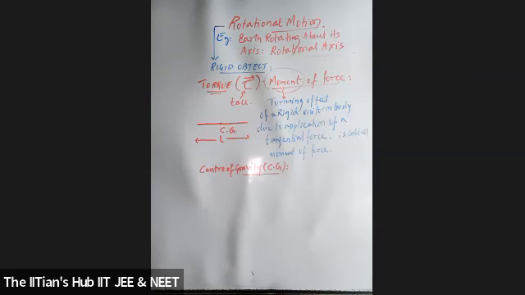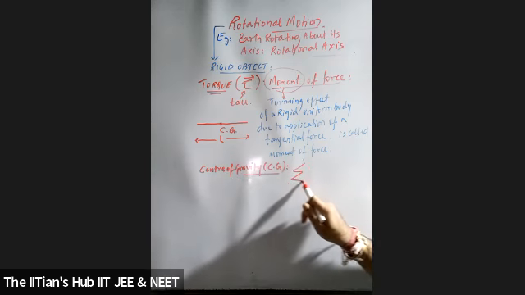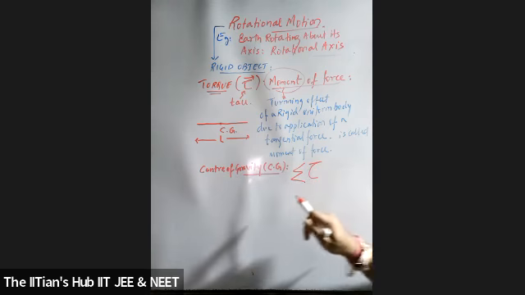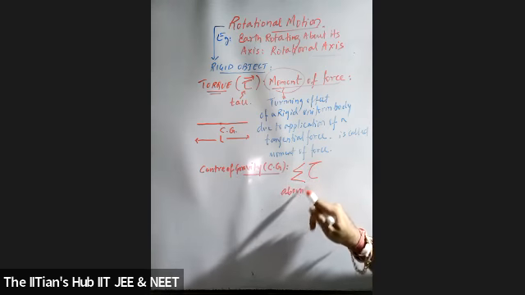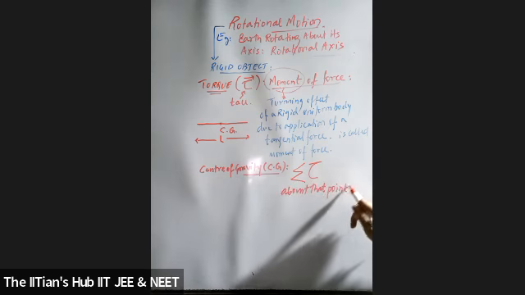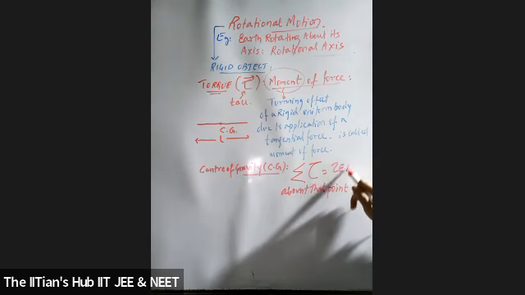Yes, the point at which the entire weight of the body is supposed to be concentrated. और उससे और अच्छी तरह से बोलना है तो क्या बोलना? Center of gravity is a point where the algebraic sum of total moment of force about that point is equal to 0.